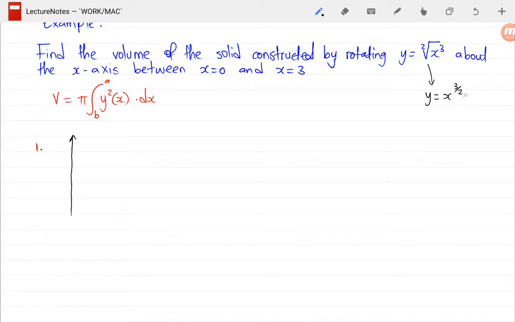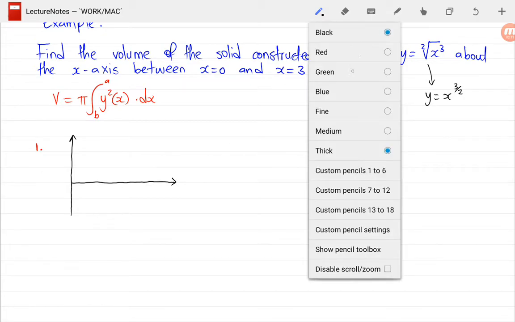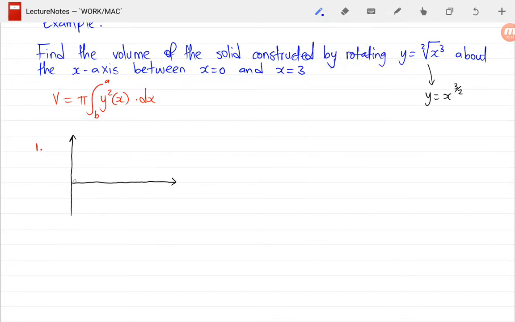So our x is still very much positive and our exponent is positive and greater than 1, so it tells us that it will be an increasing function. It will look something like this. I'm going to use a blue pen there. At x equals 0, y is also equal to 0, so it's going to start at the origin and it should just rise steadily like that.